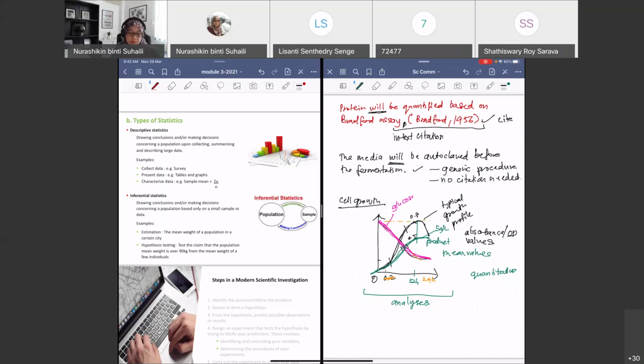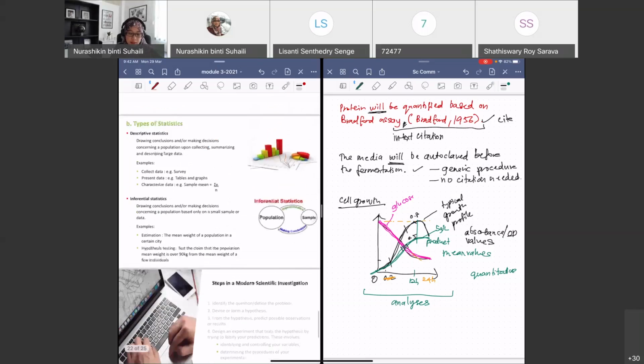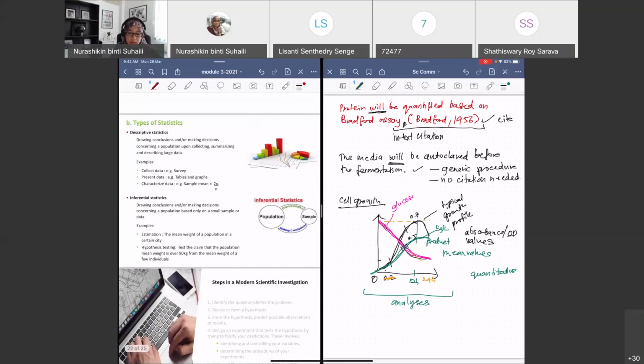Okay, all right. Not every research is the same. Like this one, it can be descriptive, and perhaps it might not be suitable to be classified as inferential. So the research has its own nature. Some of them might fall under descriptive statistics, some under inferential statistics.